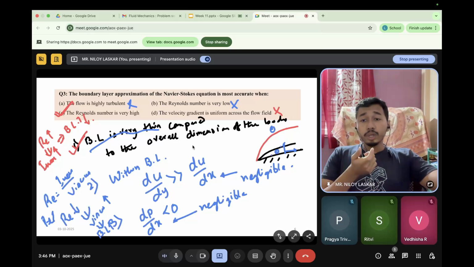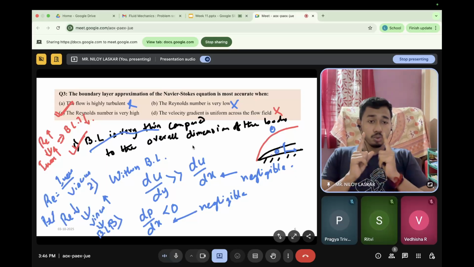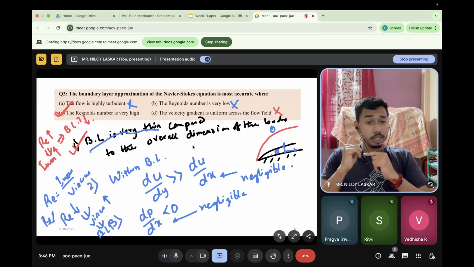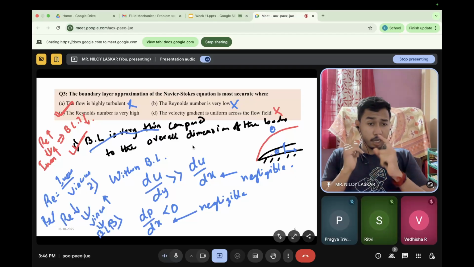Basically you need to remember these three assumptions. The first is that the boundary layer should be thin, if you have to solve the Navier-Stokes equation using the boundary layer approximation. The next is that inside the boundary layer, the velocity gradient in the normal direction, the y direction, should be much greater than that in the x direction.